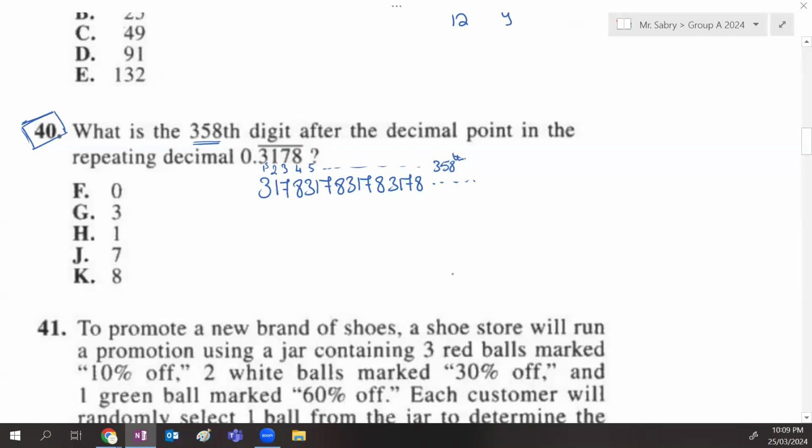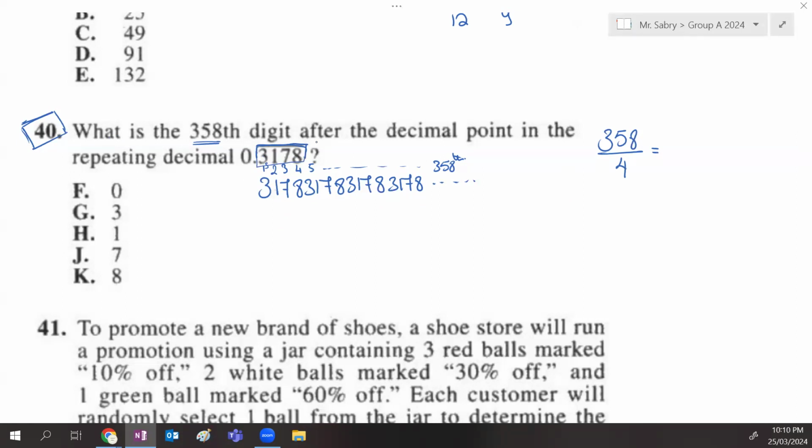Of course we can't just sit and write them all out. So how do we think about it? We see how many terms are repeated. How many are there? 1, 2, 3, 4. There are 4 terms. And what I'm trying to do now is divide 358 by 4, to know how many times this group of 4 digits is repeated within the 358.